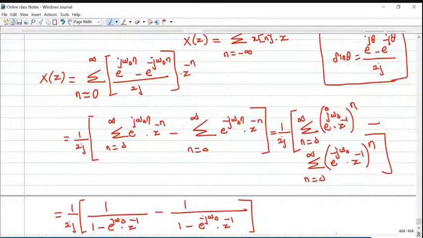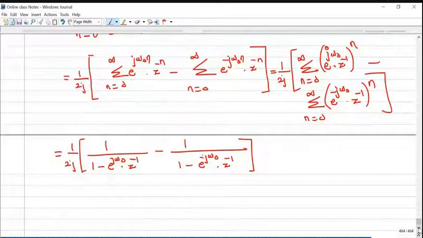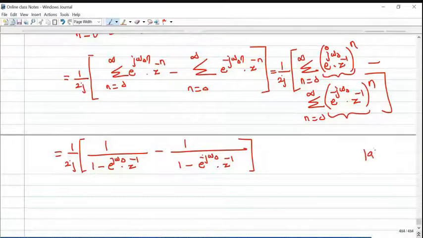Okay. Now how to find ROC? So in this example, two terms are there. This is the first one, summation 0 to infinity a power n. Summation 0 to infinity a power n. So I told you how to get the region of convergence: the a term must be less than 1.